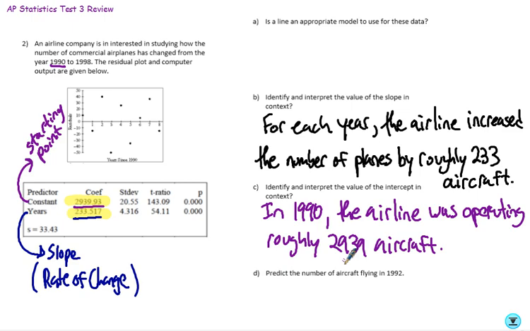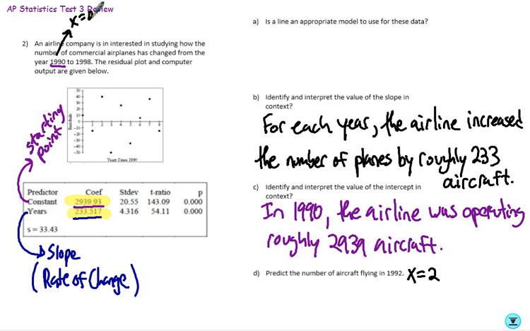That's an estimate, but we actually want to know for sure what that is. So what we could do is plug this number in. Predict the number of aircraft in 1992. That's 2 years after we started, so we're going to say that x is equal to 2, because if 1990 is when x equals 0, 2 years later would be when x is equal to 2.